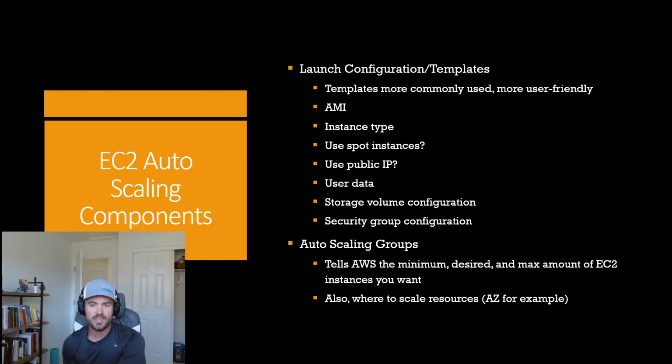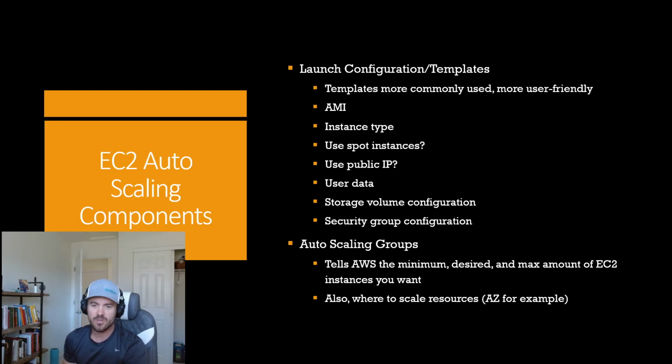Do you have a specific storage volume or security group configuration that you need applied to this instance when it gets started up? All right, all these things can be specified on your template to allow you to very flexibly and automatically say exactly how you want your instance to be formatted and how you want it to look when it gets built up automatically, okay?